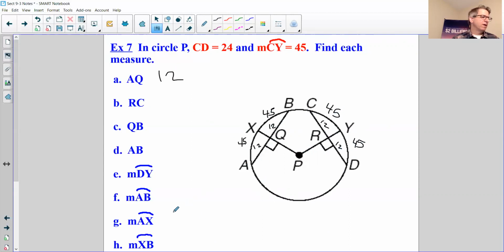AQ is 12. Letter B, RC. RC is 12. QB, 12. AB, 24.